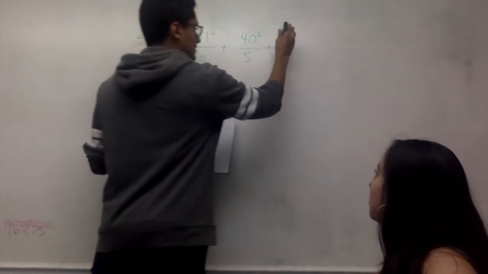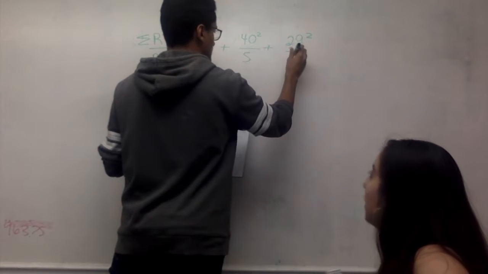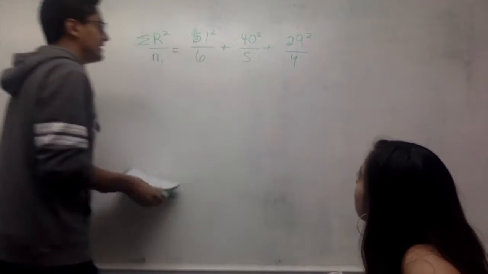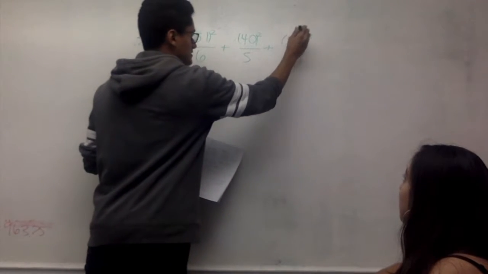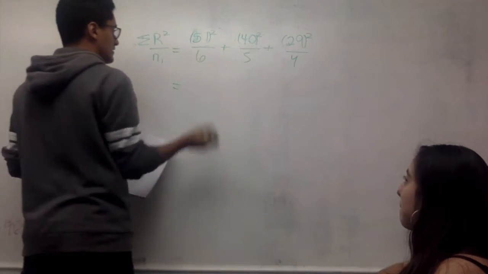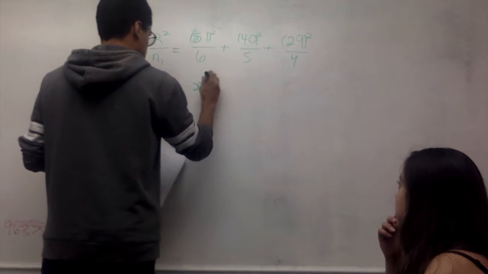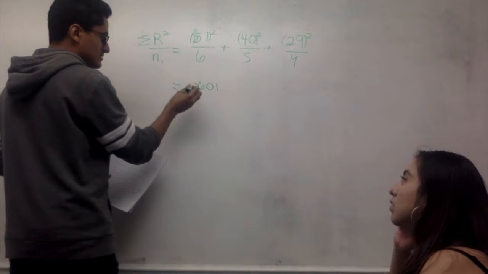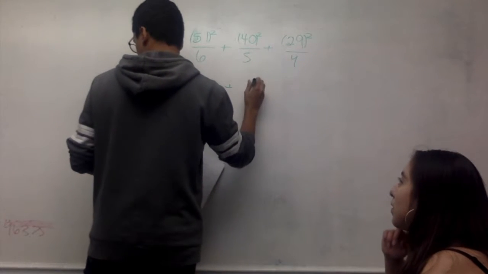And for the last pink group, the sum of the ranks was 29, and there were 4 people. And so now we're just going to do the math. First we'll square all these numbers. So if we square 51, we get 2,601. And do the rest for the others as well.